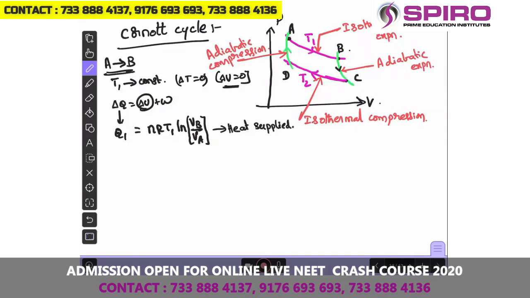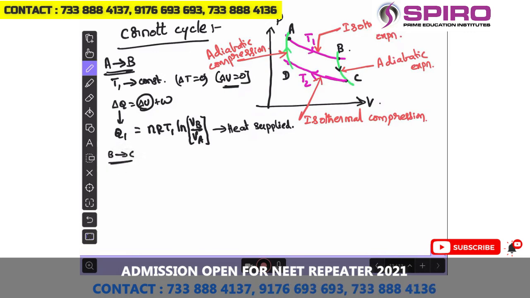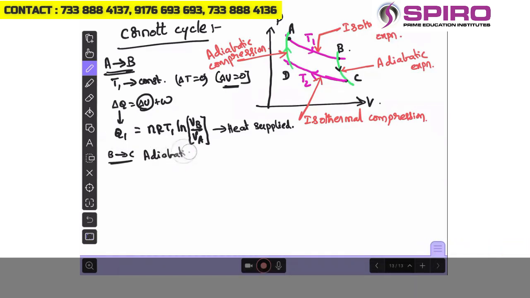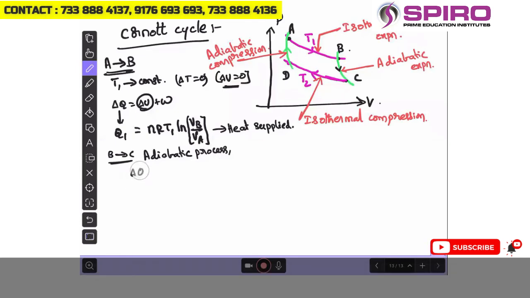And the B to C process is an adiabatic process. In any adiabatic process, what is the condition? In an adiabatic process, delta Q in the BC process is 0.